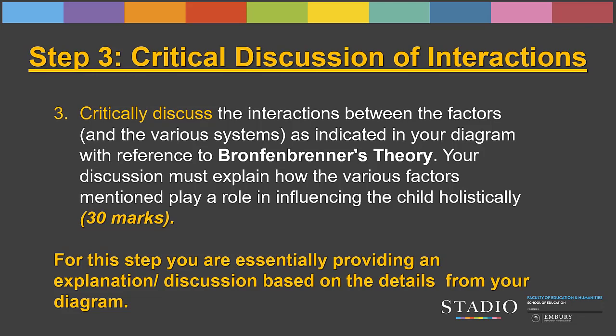You need to look at all these connections, and you need to see, very much like a spider's web, how each one is integrated and interconnected. So in your discussions, I want you to think about whatever you've placed in the macrosystem, exosystem, mesosystem, microsystem, and think how what happens at this level influences the individual right at the center.